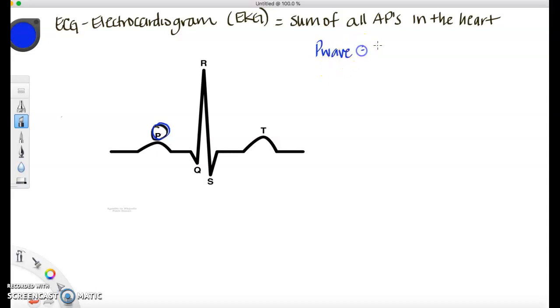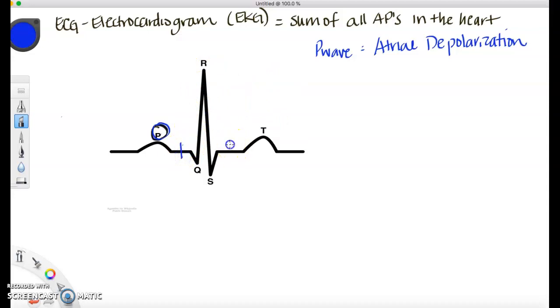The P wave shows atrial depolarization. Now this is electrical. It is not showing atrial contraction. It's showing atrial depolarization, which is what stimulates contraction.